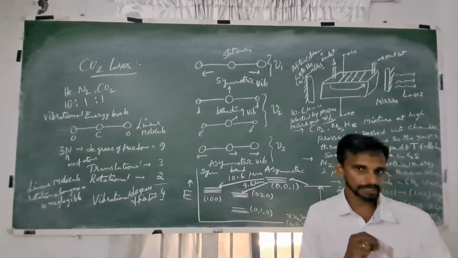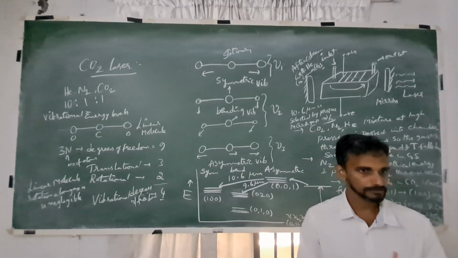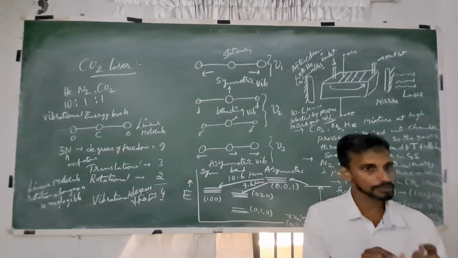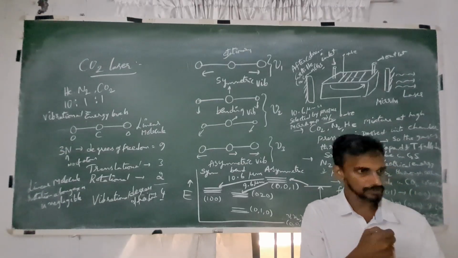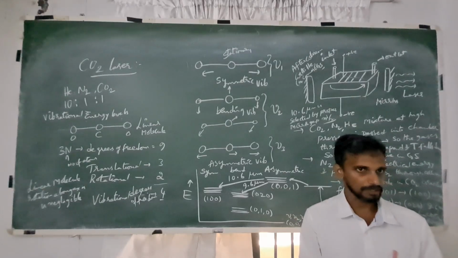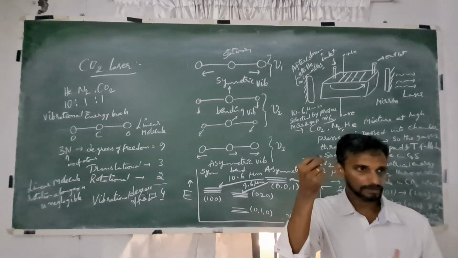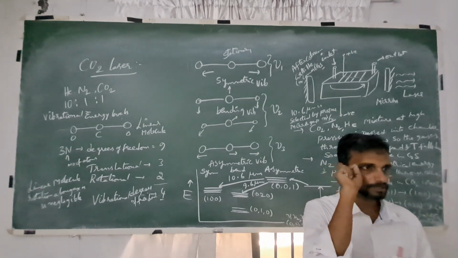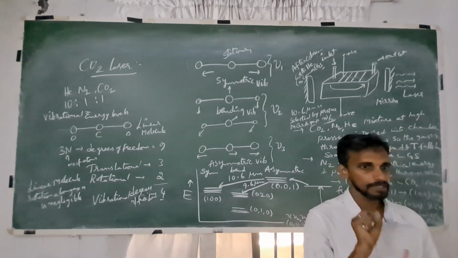So we are taking nitrogen as a buffer. Whenever this nitrogen goes and hits the carbon dioxide molecule, only then will it be excited. There will be some time lag, some gap. First of all, nitrogen has to take the energy, and whenever it comes across a carbon dioxide molecule, only then will energy be transferred.